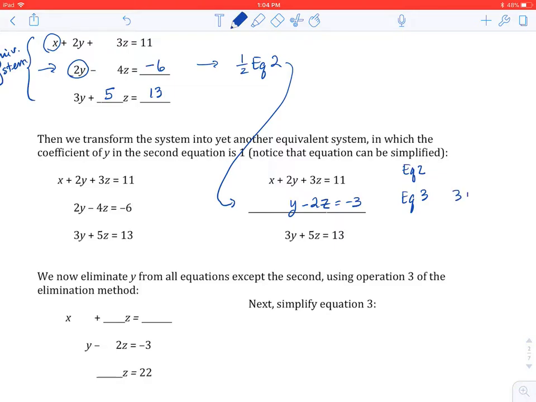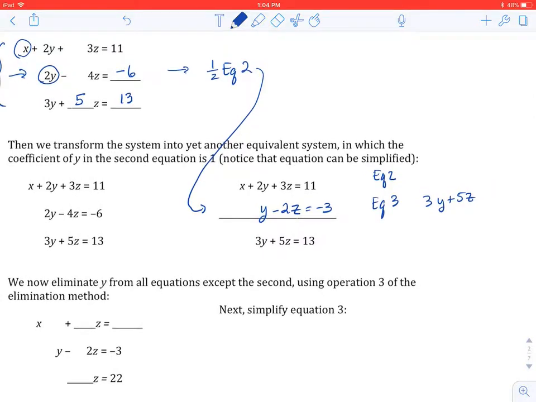Equation 3 we know is 3y plus 5z equals 13. Equation 2 has a y in front of it. So let's multiply equation 2 by negative 3. So we would have negative 3y plus 6z equals negative 3 times negative 3 is 9.